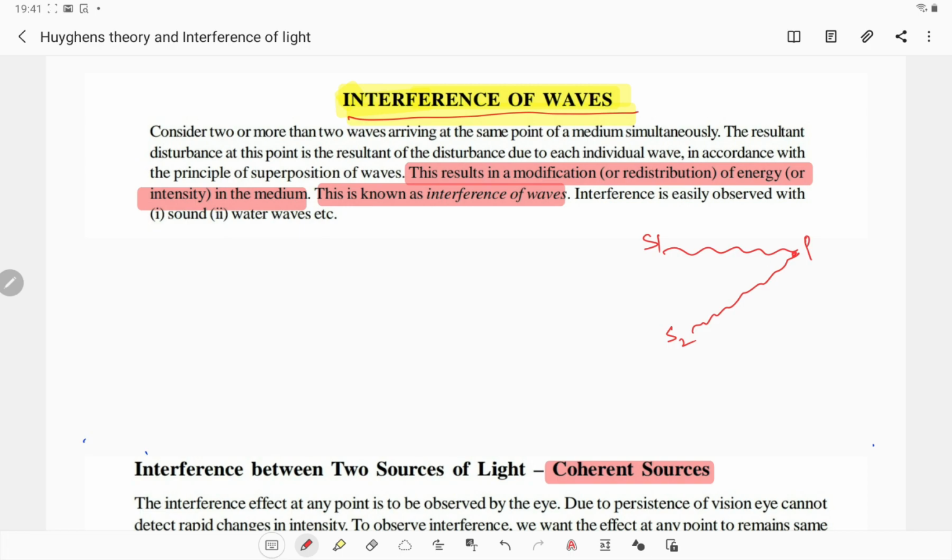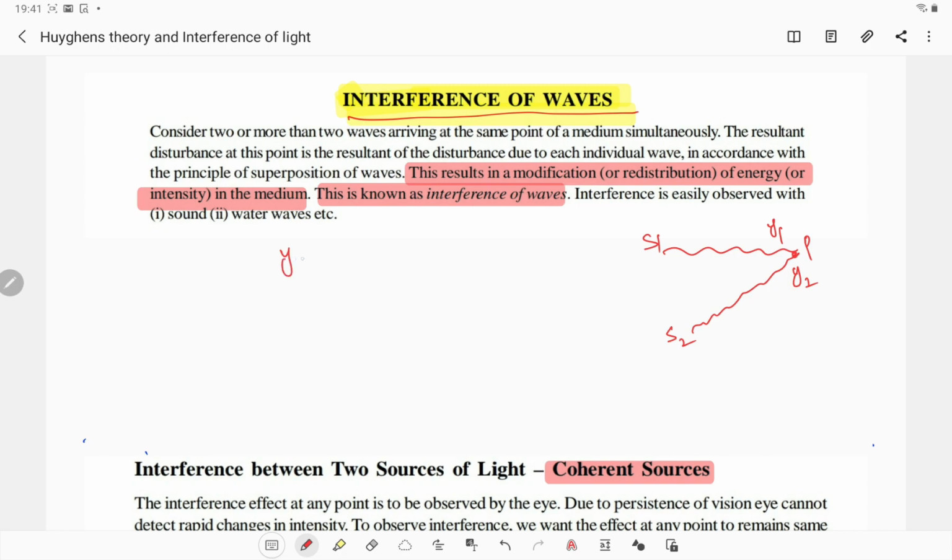Here P is a point. These are the waves coming from these sources. This is a point in the medium. Its displacement due to this wave is y1, and due to this source, this is y2.